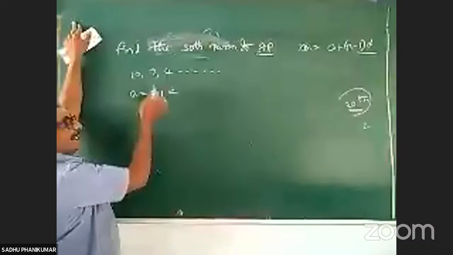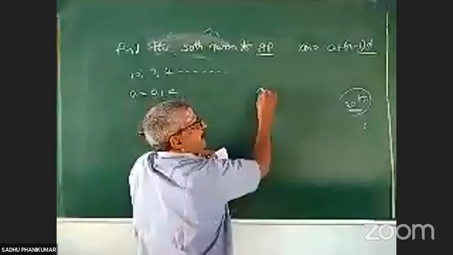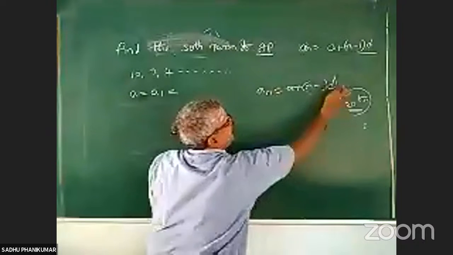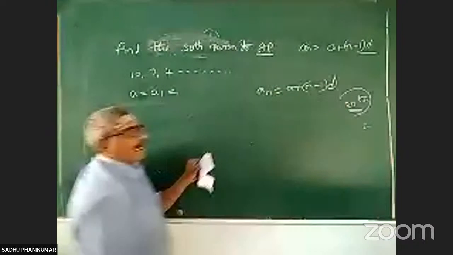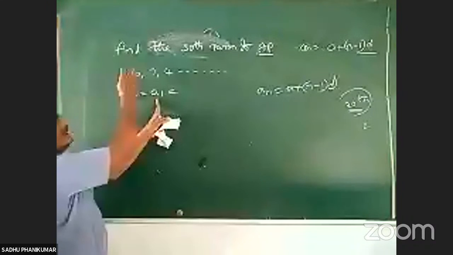Because of the general form, an is equal to a plus n minus 1 into d. So a is equal to a1, the first term, which is 10.